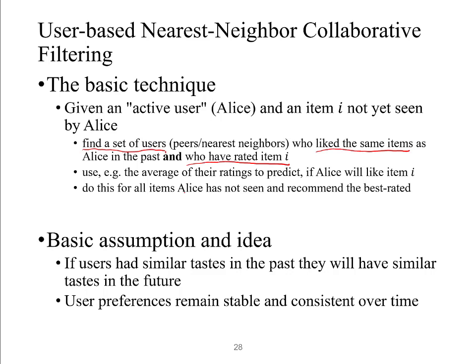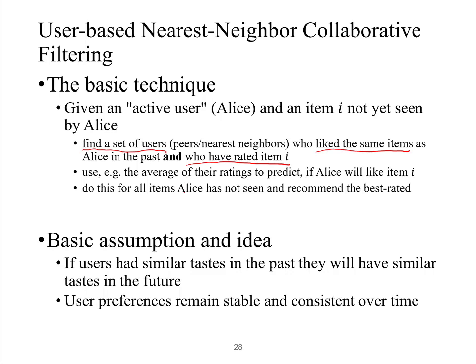it's like in the data stream, right? What Alice used to like should be consistent over time. I mean, in the future, Alice would also like these items.